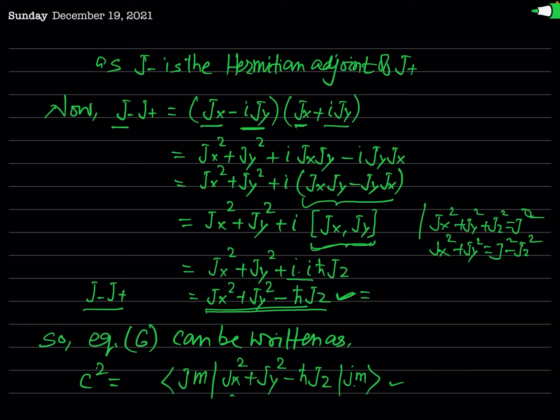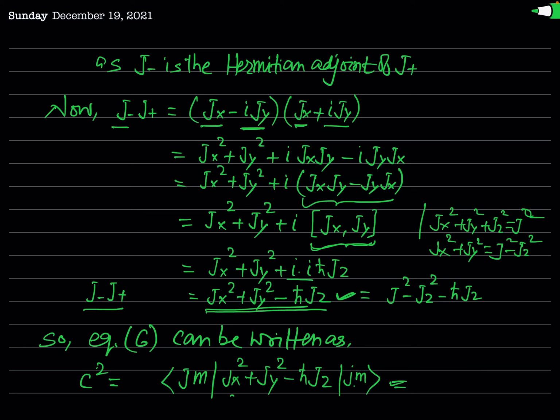So the expression Jx square plus Jy square minus h bar Jz may be written as J square minus Jz square minus h bar Jz.